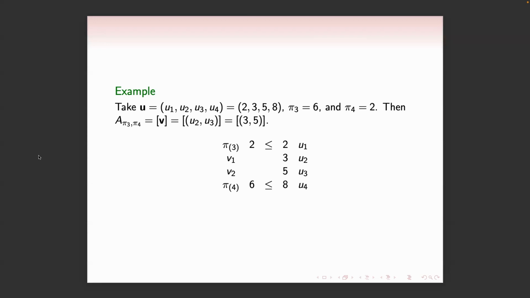Then I find the minimum Gi so that it's greater than or equal to the value. So for 2, the minimum Gi I find is 2, and for 6, the minimum Gi I find is 8. Okay. And then I see that the remaining Gi will be my V, and I just write my V in increasing order.